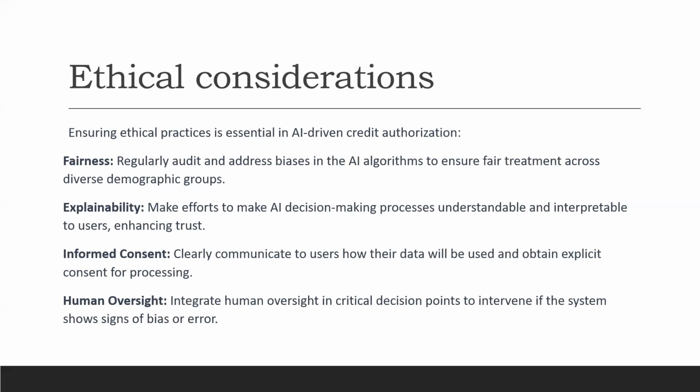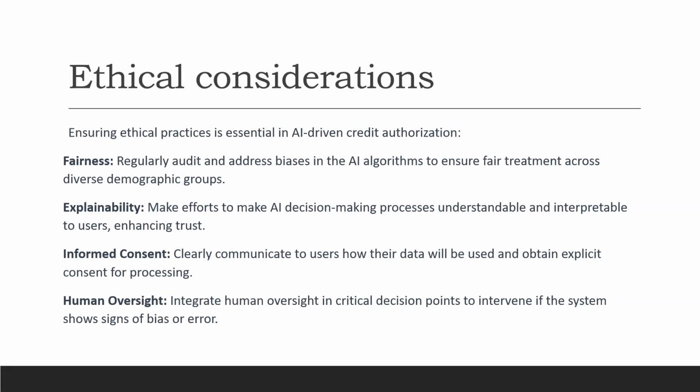Finally, for ethical considerations, we need to ensure ethical practices, and we already know that this part is essential in artificial intelligence-driven credit authorization. And we thought about four different elements: fairness, explainability, informed consent, and human oversight. Fairness: regularly update and address biases in the artificial intelligence algorithms to ensure fair treatment across diverse demographic groups.